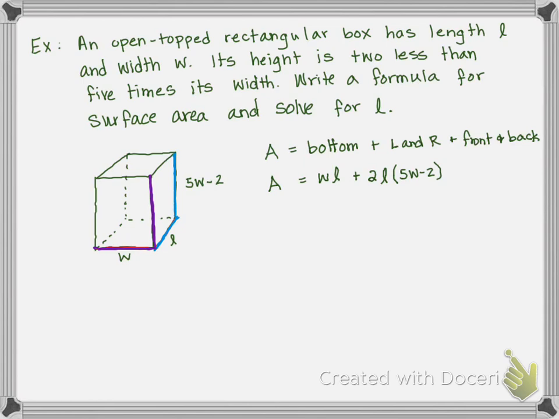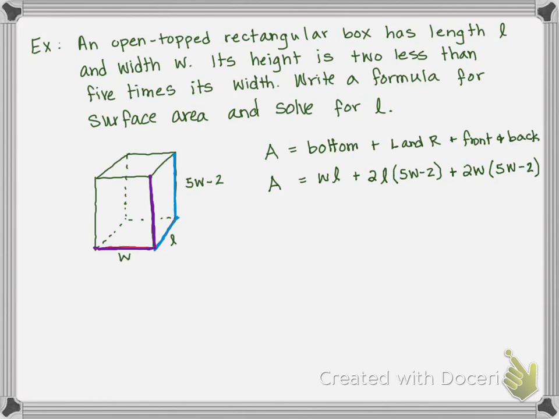So what's the area of just the front? W times (5W minus 2). That's the area of just the front, and then we have to multiply that by 2 to account for the back. So now we've gotten all five sides, right?